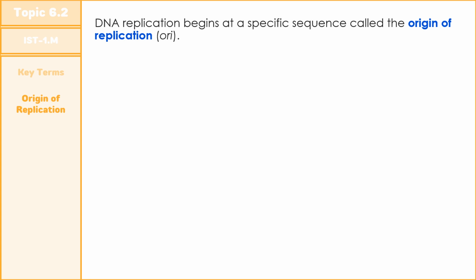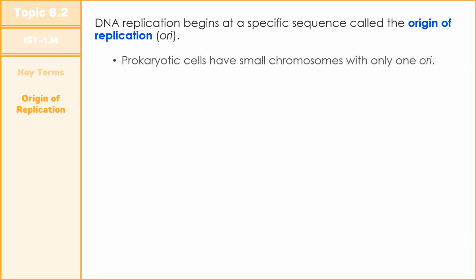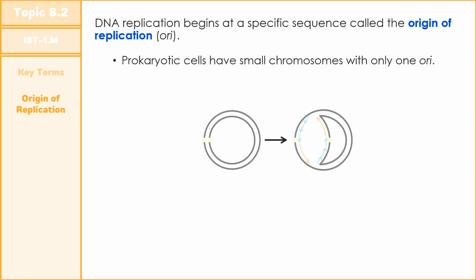Remember that in prokaryotic cells, our DNA sequences are relatively short and they are composed in these circular chromosomes. So they are only going to have a single ORI. And replication is going to proceed in both directions away from that origin point.